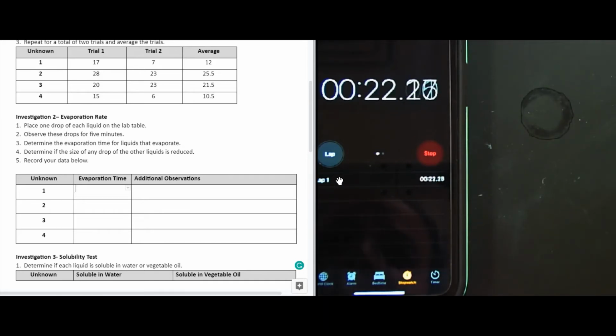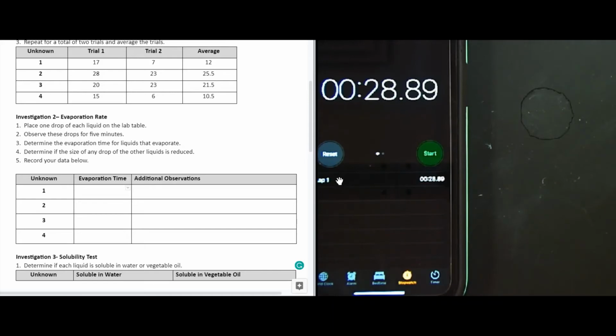Looks like it's just about done. Say 28.89 seconds.